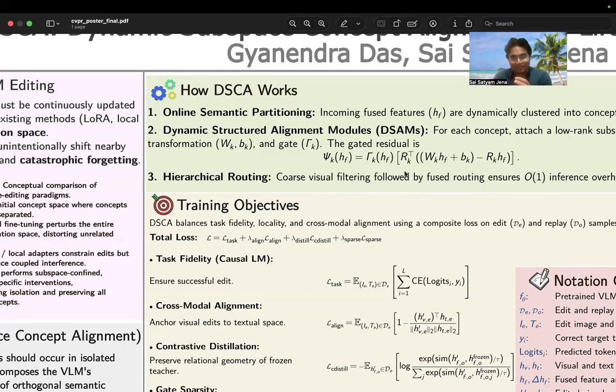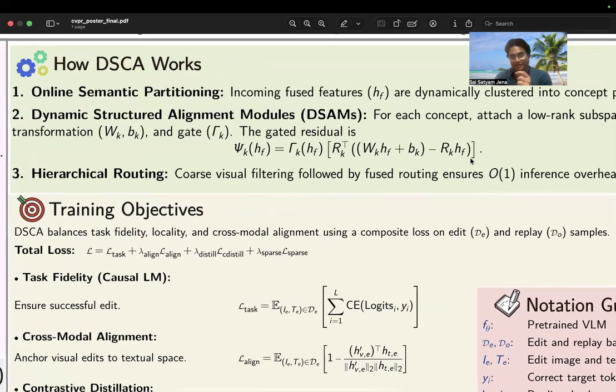Now let's understand a bit about the architecture. What is this RK? It is the semantic subspace. Remember I told you about concepts. These concept spaces are essentially collections of different HFs. These HFs are high dimensional, maybe 1024, maybe 3048, and we know the curse of dimensionality: if we are dealing with very high dimensional spaces, the number of parameters required to learn a representation in that space is also high.